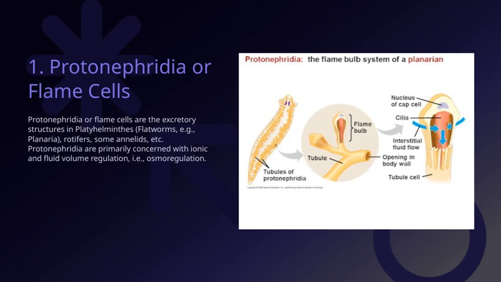Essentially, they help the organism maintain the proper balance of salts and water, which is vital for survival. By doing so, they ensure the organism's internal conditions stay stable despite changes in the external environment. This function is crucial in aquatic environments where water and salt levels can fluctuate considerably.